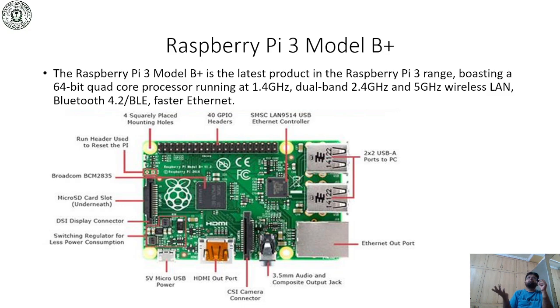Basically, whenever you want to connect your monitor or the desktop to the Raspberry Pi, you can connect it from this HDMI port. Generally, the monitor is having the VGA port, not the HDMI port.